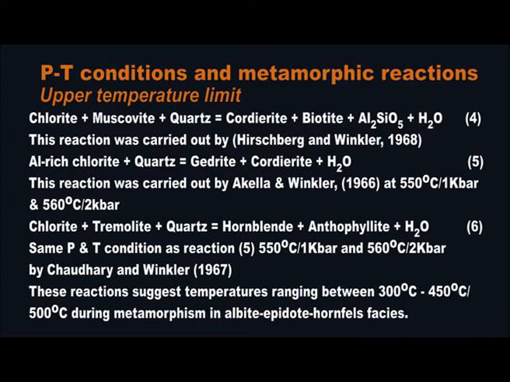1966 at 550 degrees centigrade 1 kilobar and 560 degrees centigrade 2 kilobar. Chlorite plus tremolite plus quartz gives rise to hornblende plus anthophyllite plus water, at the same pressure and temperature conditions as reaction 5, 550 degrees centigrade 1 kilobar and 560 degrees centigrade 2 kilobar, by Chaudhary and Winkler 1967.